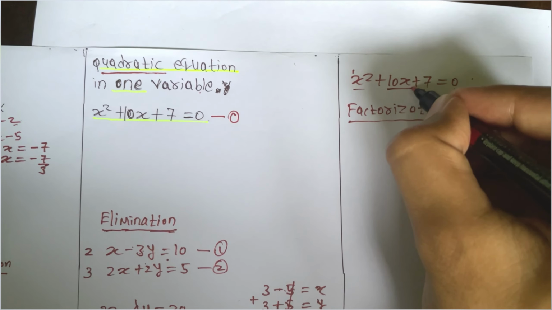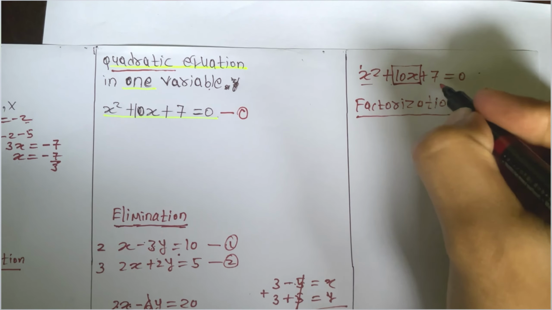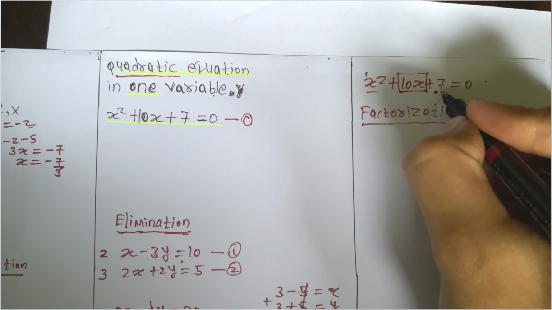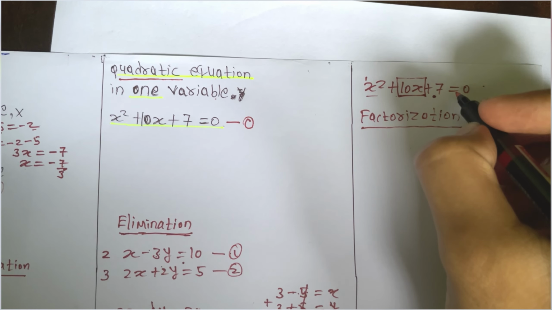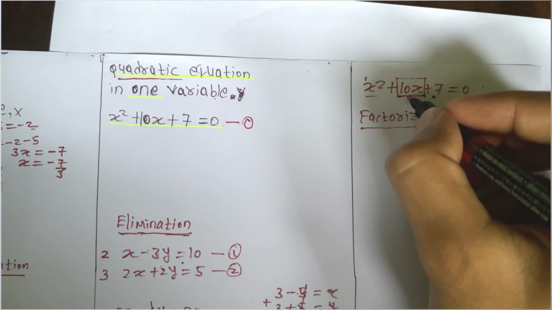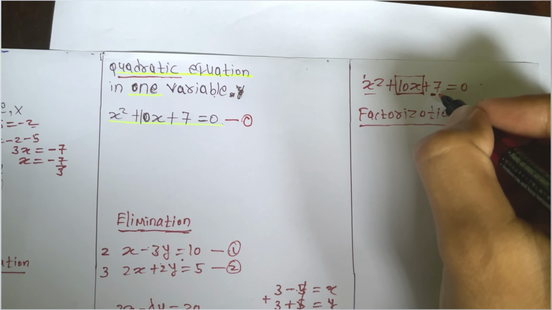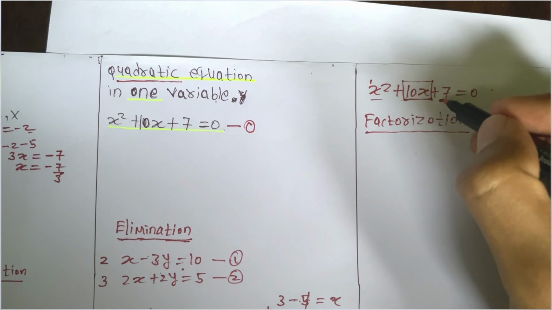We have to factor the middle term into two different terms so that the addition will be 10x and the multiplication will be this number.